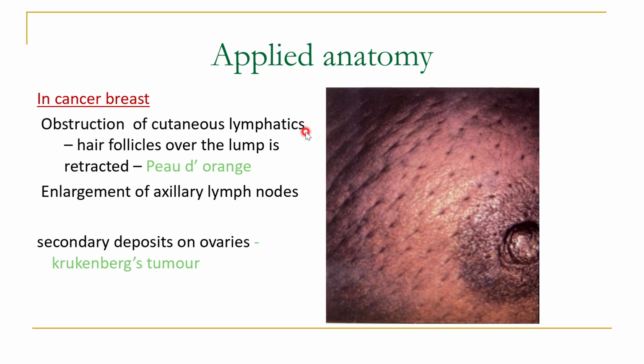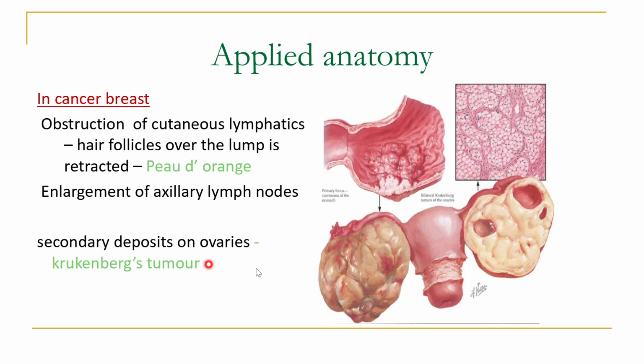And because of spread of metastasis you will have enlargement of the axillary lymph nodes. Now sometimes the metastasis can spread to the ovaries, and the secondary deposits on the ovaries are called the Krukenberg tumor.